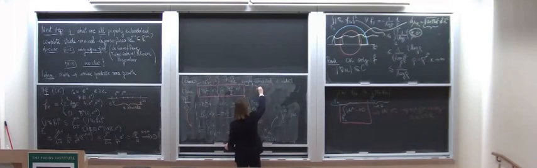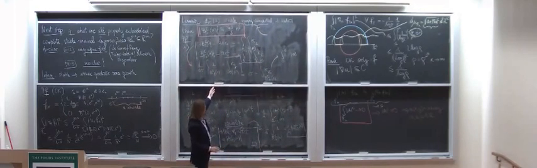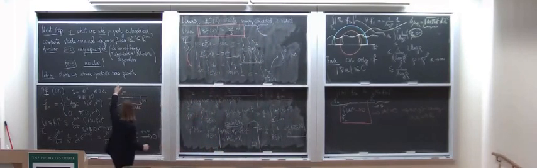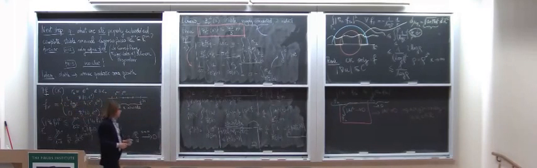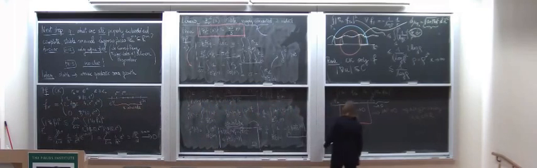So if you know a priori that sigma is simply connected, then you can just complete the proof of that theorem by the logarithmic cutoff trick, as I explained. If not, if you don't know a priori, then you need a couple of tricks. And so let me just mention them.